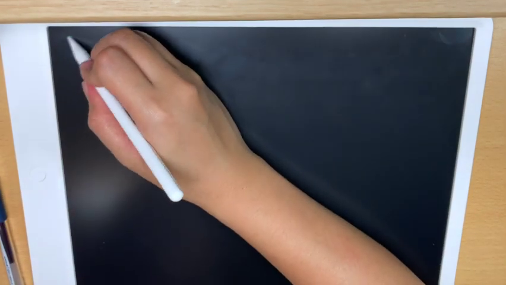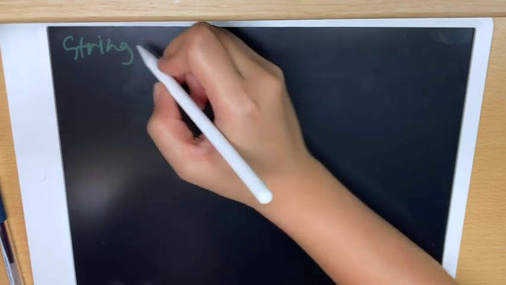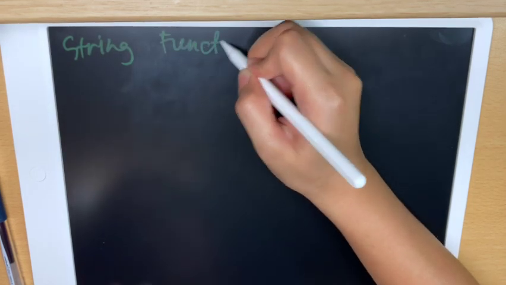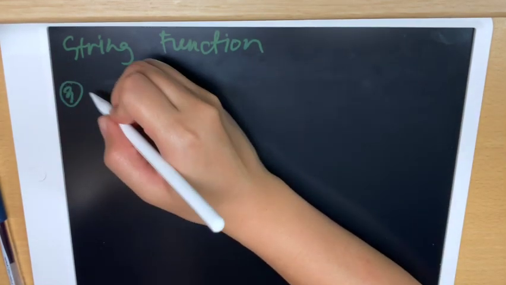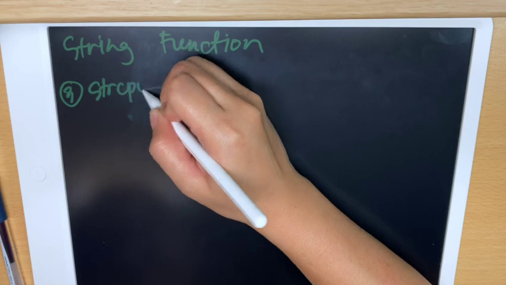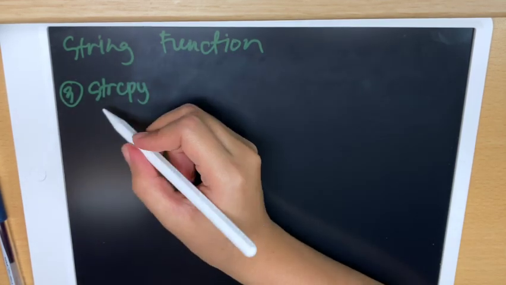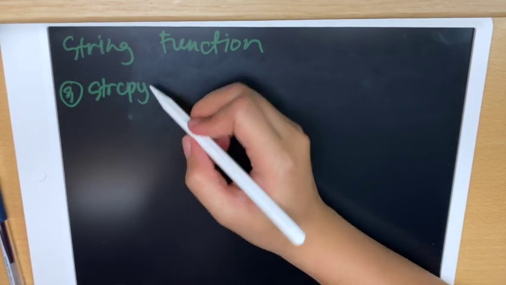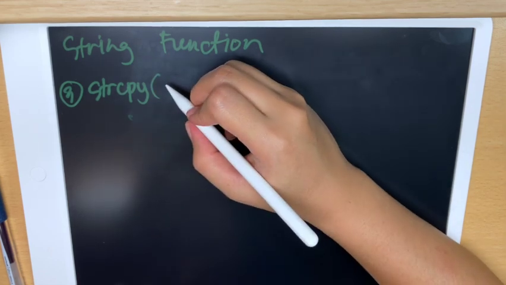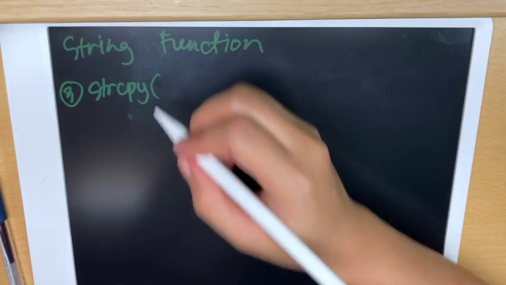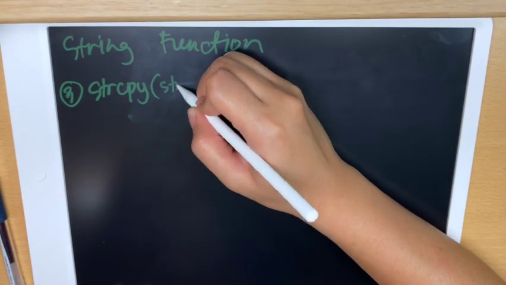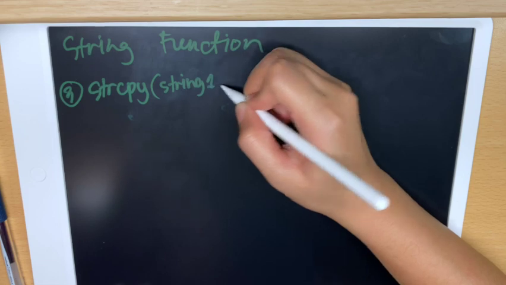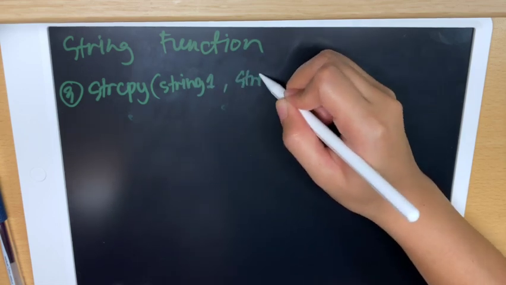Okay. Third one would be still a commonly used string function, which is the string copy. So the syntax is strcpy, open parenthesis, the string you want to copy to and the string you want to copy.